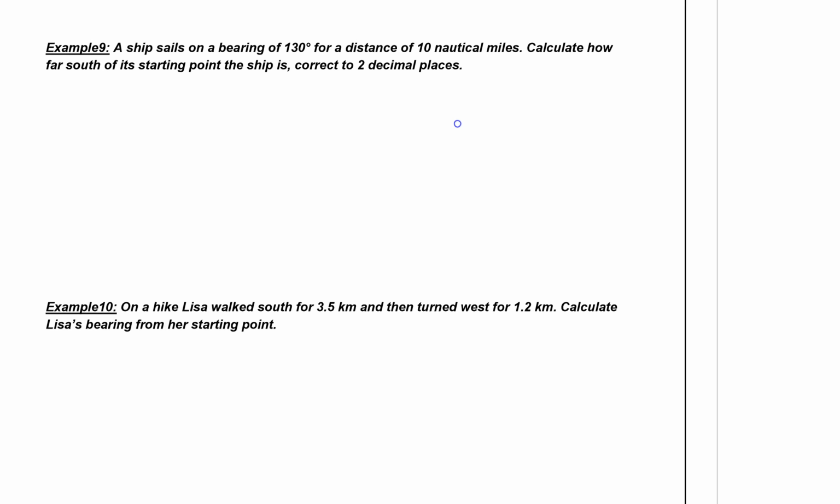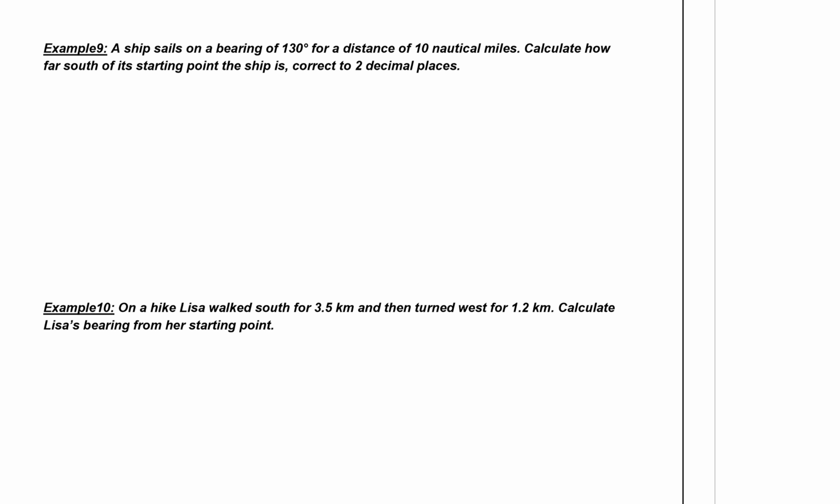Second up, a ship sails on a bearing of 130 degrees. That's pretty similar to the example above, 10 nautical miles. How far south of its starting point? So, starting point this time, A. There's my north arrow. 130 degrees is over in this sort of direction here.